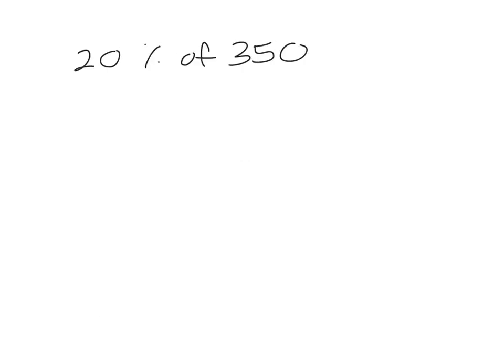Here is another example. What is 20% of 350? Well, if you know your fraction equivalents well, you'll know that 20% is the same as a fifth. So it's just a fifth of 350, which means you divide 350 by 5, which is 70. In my mind, that's the easiest.